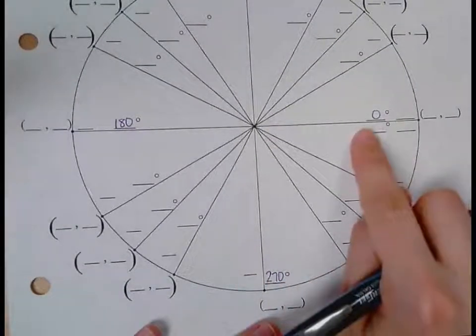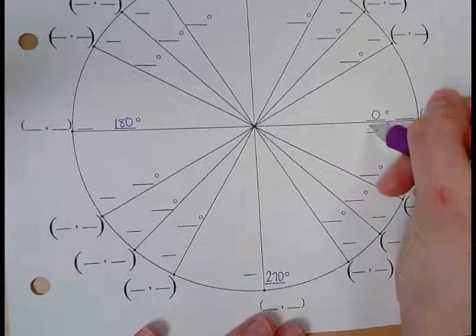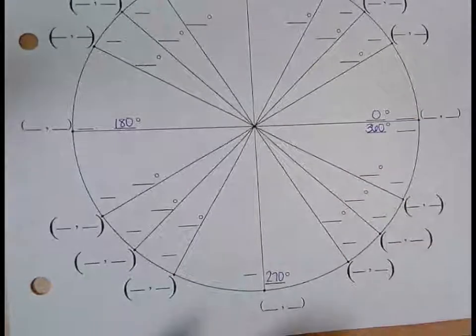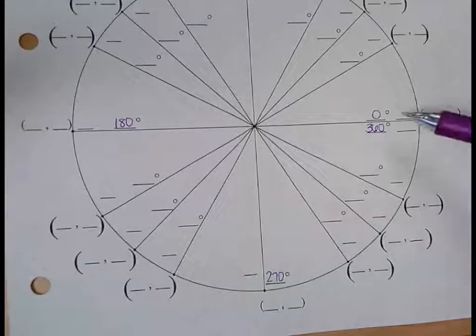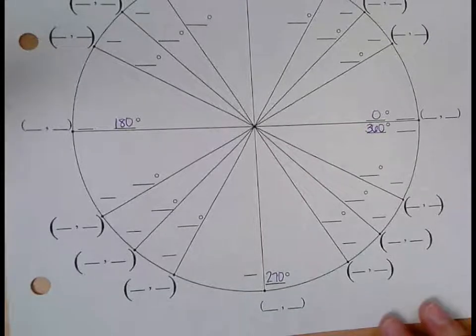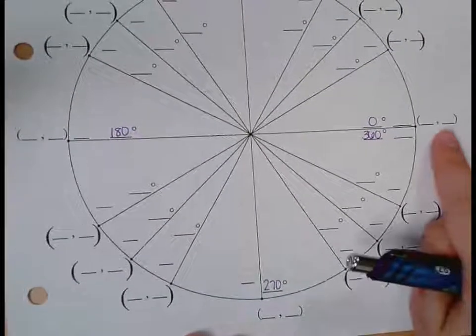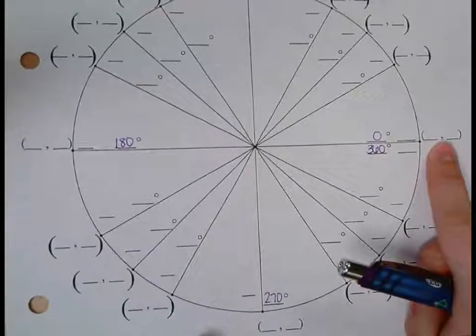And then all the way around back to 0 is 360. So there are blanks above it and then below it to represent it as 0 and 360.